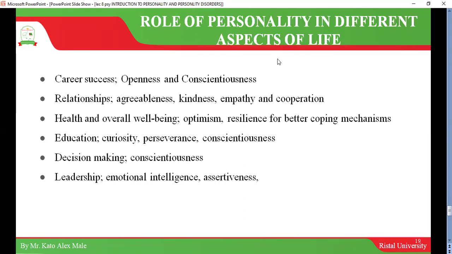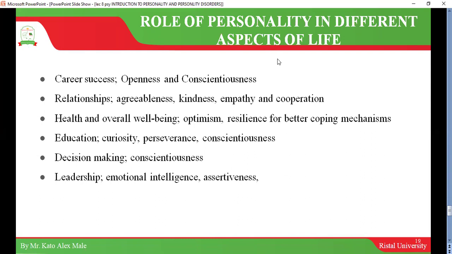Then the role of personality in different aspects of life. We have career success as an aspect of life. So personality, including openness and conscientiousness, we talked about these ones. I don't think I need to re-describe them apart from talking about how they are related to the given aspects of life.